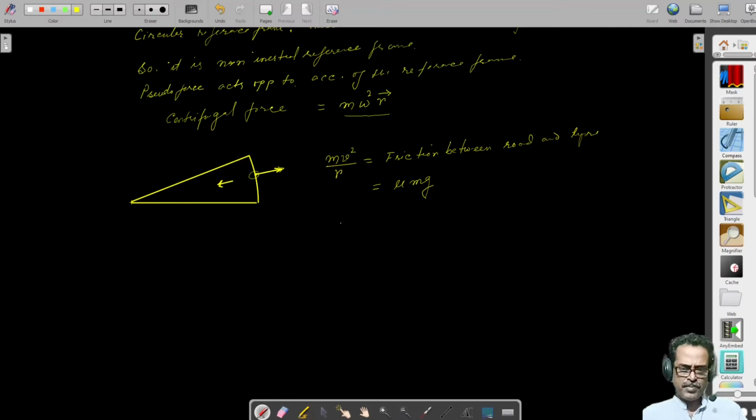So the speed should be less than or equal to, m will be cancelled, v less than or equal to root over mu r g. This is the limiting speed that the car can maintain.